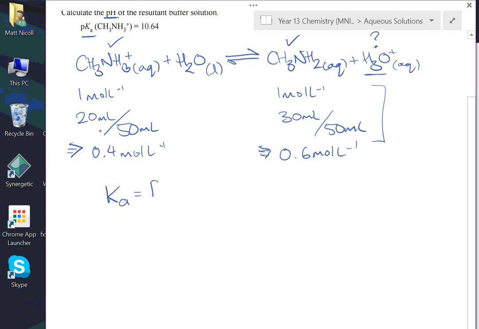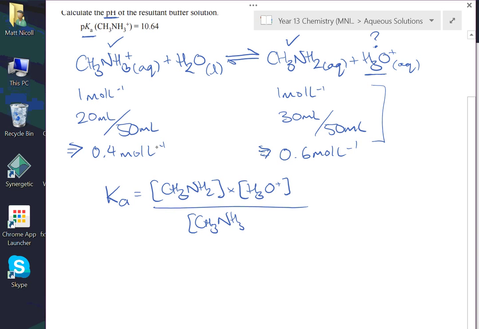So we've got the concentration of CH3NH2 times the concentration of hydronium over the concentration of CH3NH3 positive. Now I know these values, so that's nice and convenient.